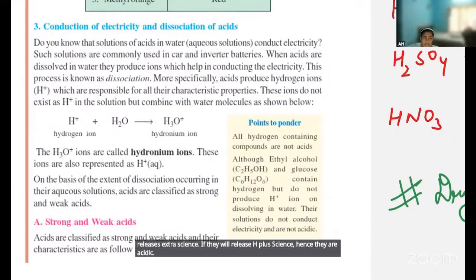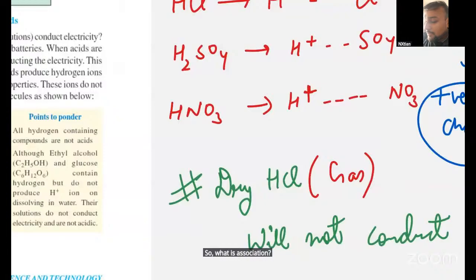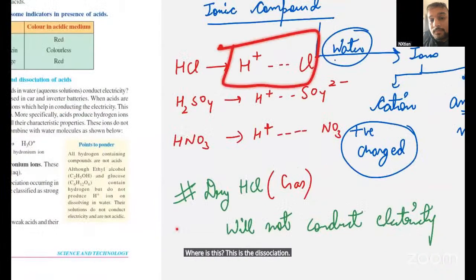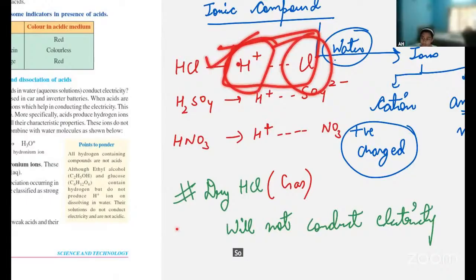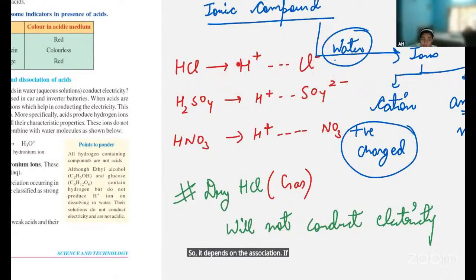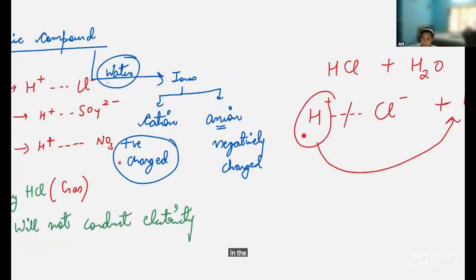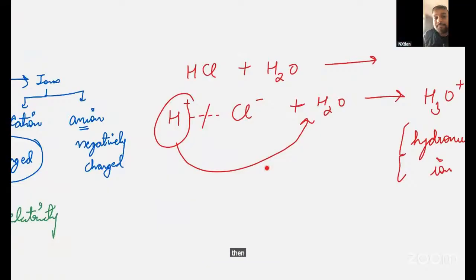So what is dissociation? This is dissociation, the breaking of the compound into H+ and Cl-. If there's dissociation in the compounds of H+, then it can conduct electricity.